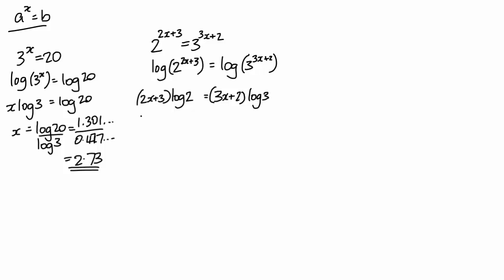If I expand this out now what I want to do is I want to collect the expressions, the terms involving x together, and the terms that don't involve x on the other side of the equation.